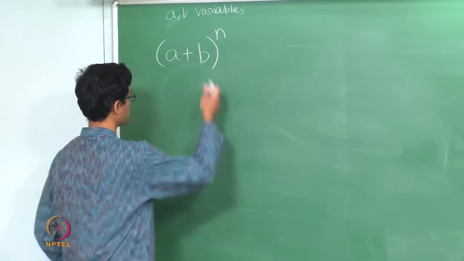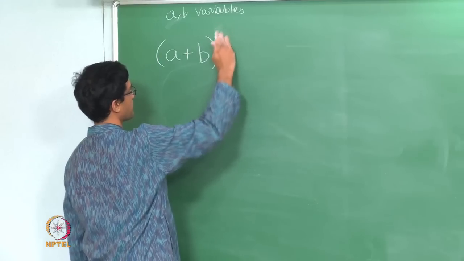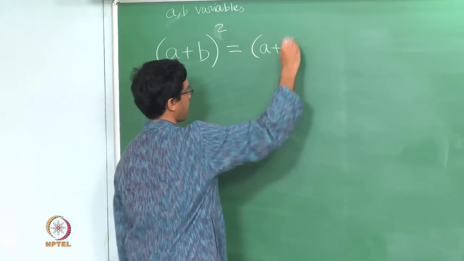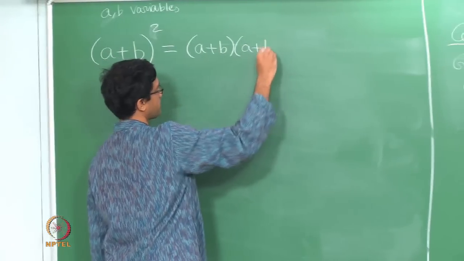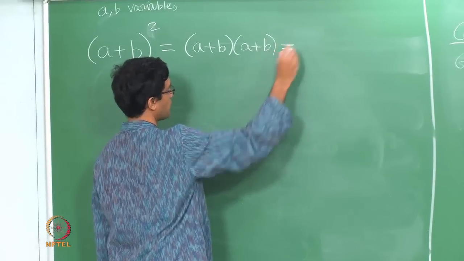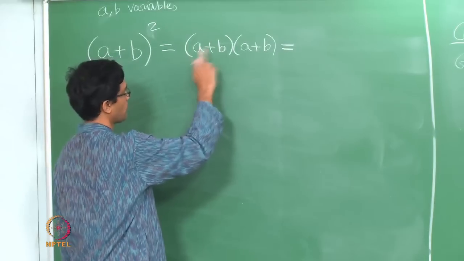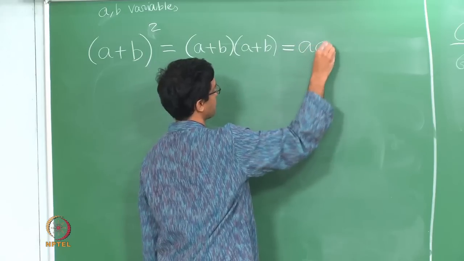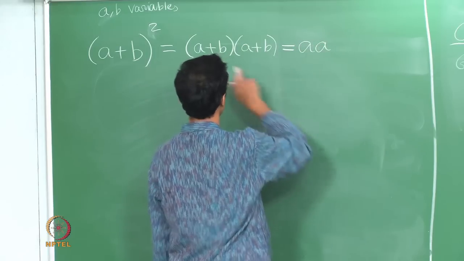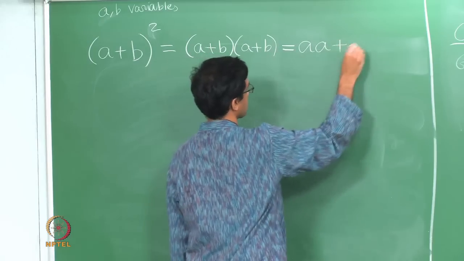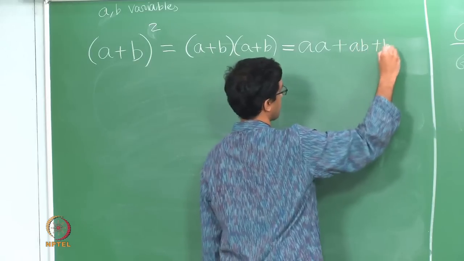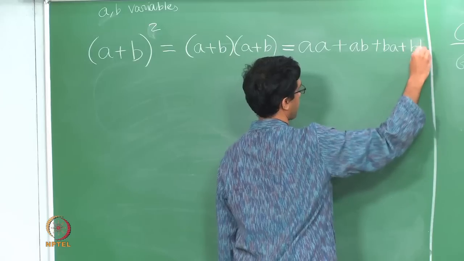Now we will just do this by example. We will look at (a plus b) whole squared. That will just give you the well known identity. I have (a plus b) times (a plus b). But I'm just going to do it with a slight change. I'll use the distributive law. I'll write it as a times a, so I'm not going to write it as a squared for the moment, plus a times b, plus b times a, and plus b times b.